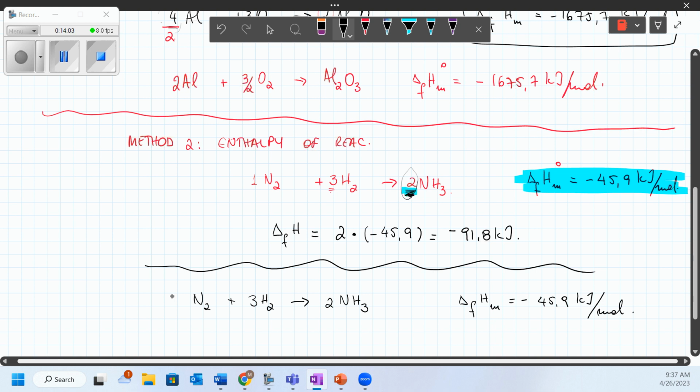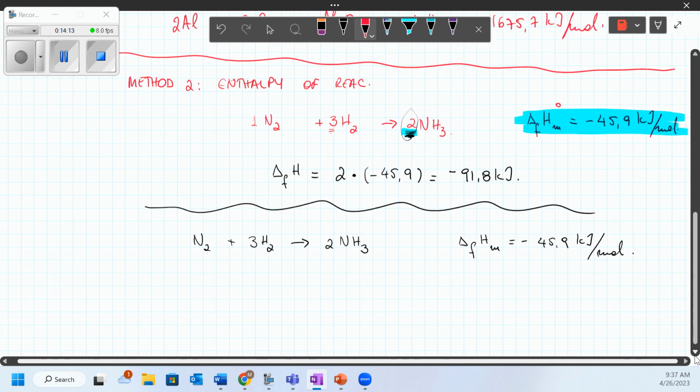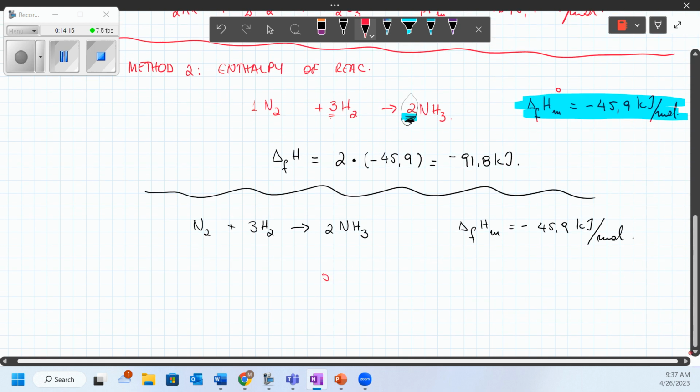What if I tell you that as a result of the reaction, we have 5.5 moles of ammonia formed for some reason?